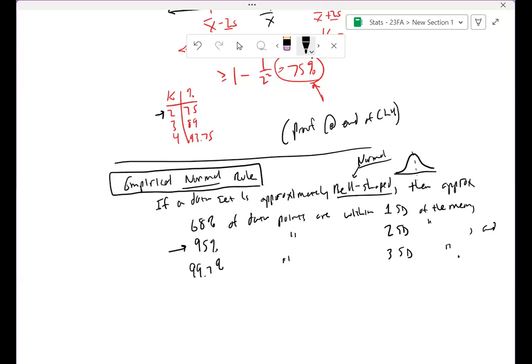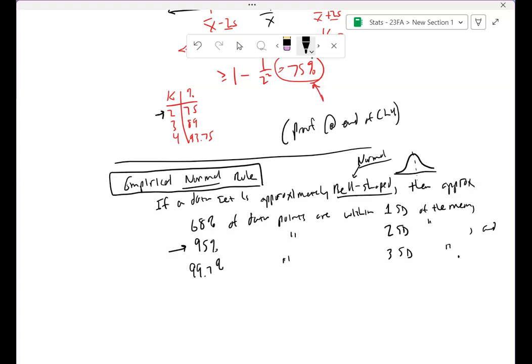Or an analogous way to phrase this, Chebyshev would say no more than 25% of your data points can be more than 2 standard deviations away from the mean. And the empirical normal rule would say for nice data, for bell-shaped data, no more than 5% of your data points are likely to be more than 2 standard deviations away from the mean.